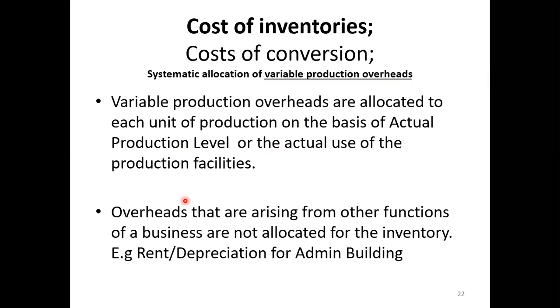Overheads arising from other functions of the business are not allocated to inventories. Here we have to consider only the variable overhead that arises in the production process. Other functions like advertisement and admin expenses cannot be included in the cost of conversion of inventories.